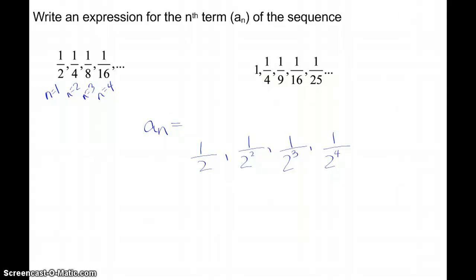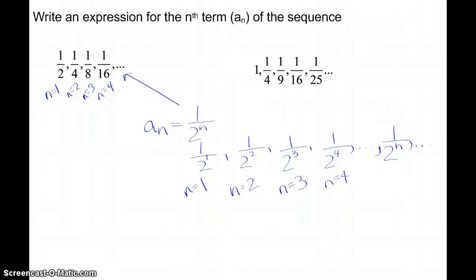And since we know that the first term comes from n equal 1, the second term from n equal 2, and so forth, then it's really easy to find the nth term. That would be 1/2 to the n. So there's the nth term for this sequence.